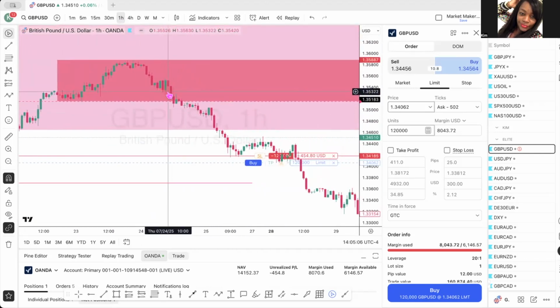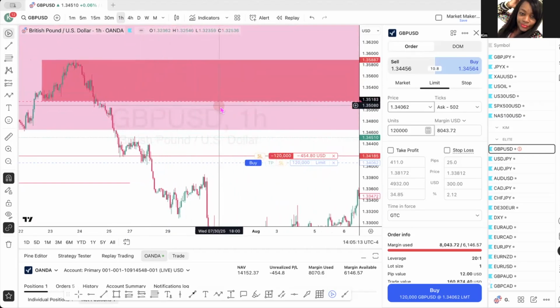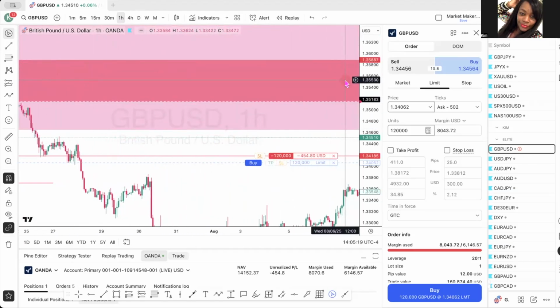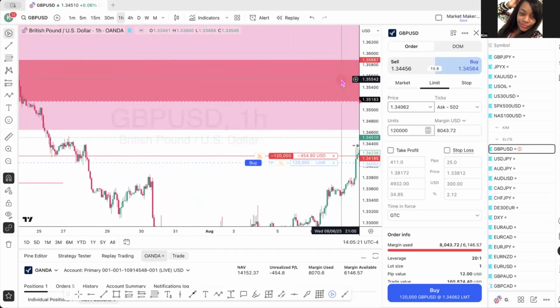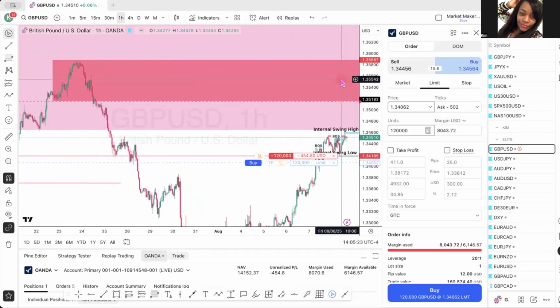There's a zone here, and then there's a zone up here. So I will just wait for price to get here, and if I see a shift, then I can set it and refine it a little more. Or if price decides it wants to go up here, then I will look for a shift in structure and then refine that zone for the sell.